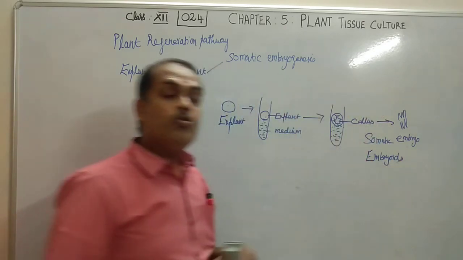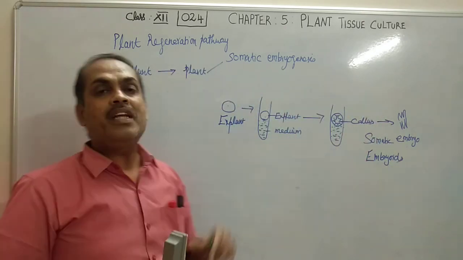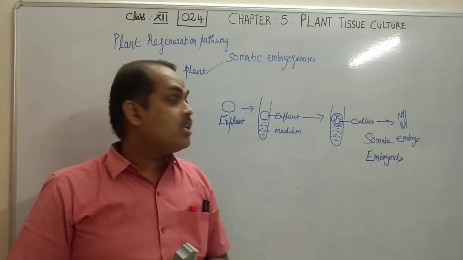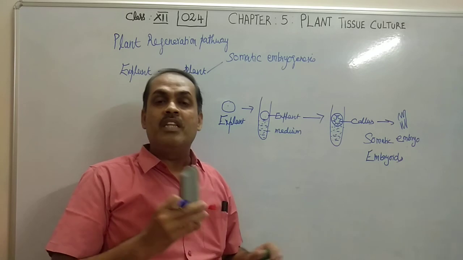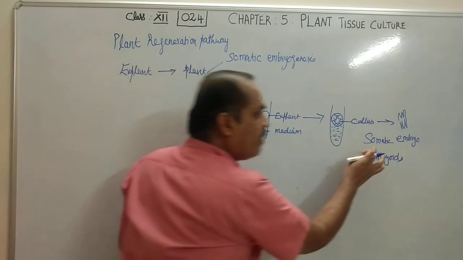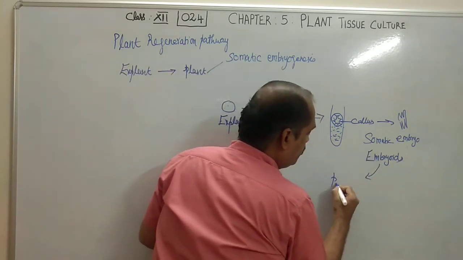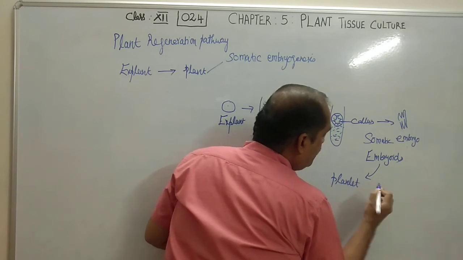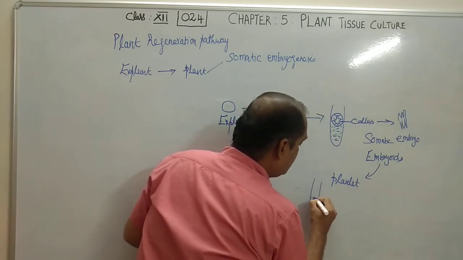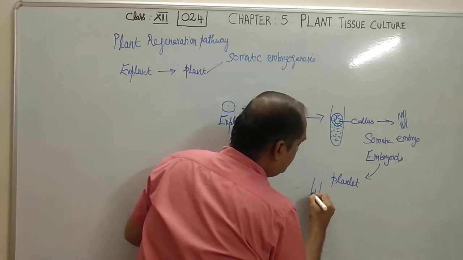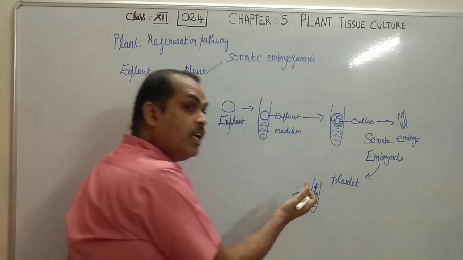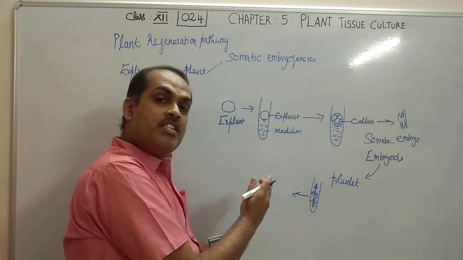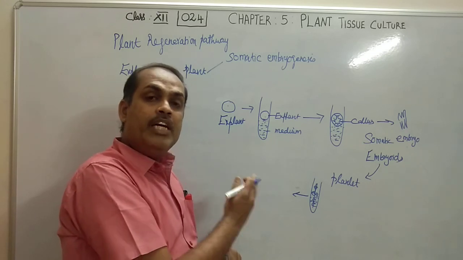Now what is the application of somatic embryogenesis? The first application is that the somatic embryo produced will result in the formation of a plantlet. So from this embryo a plantlet will be produced. This plantlet is produced inside the test tube, and these plantlets should be transferred first into the greenhouse and then into the field condition.